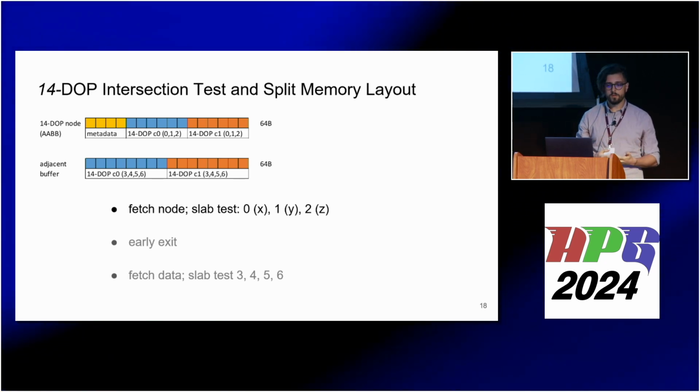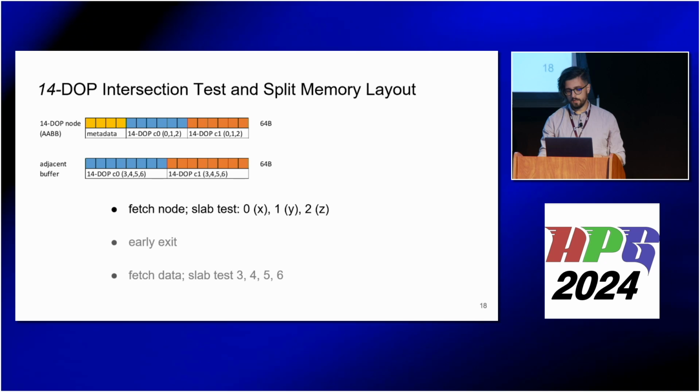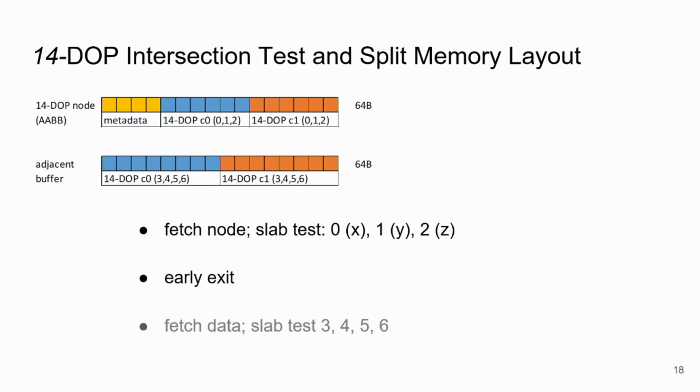We fetch the node, we perform the AABB's slab-based test, and we can ask for an early exit. If we fail here, we missed the AABB, we can reject the test and save at least the fetch of the rest of the data. And if we pass the test, we simply fetch the data and proceed with the k-DOP intersection test.